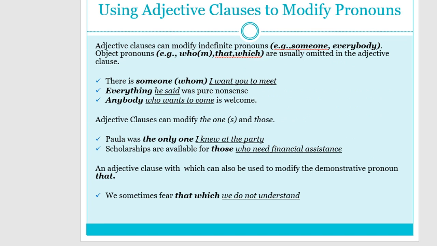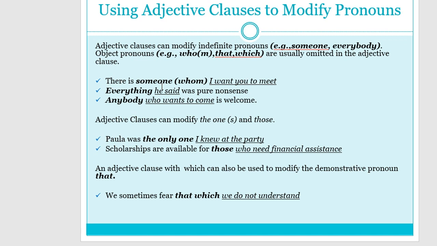Using adjective clauses to modify pronouns. Sometimes we can omit or remove the clauses or relative pronouns from the sentence, because they could be redundant or a repetition of the same meaning, so there is no need for them, especially with indefinite pronouns like someone, everything, everybody, anybody. Someone can't be an exact or definite pronoun.